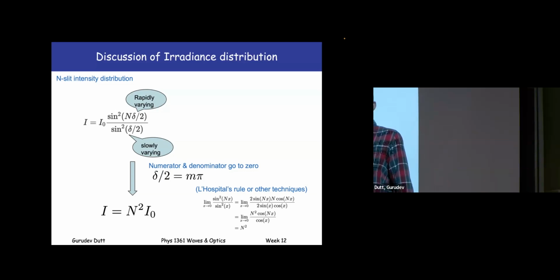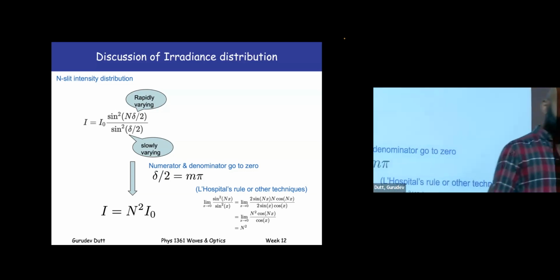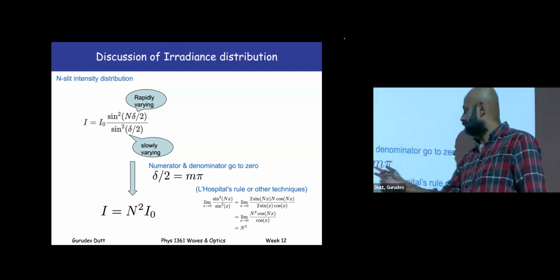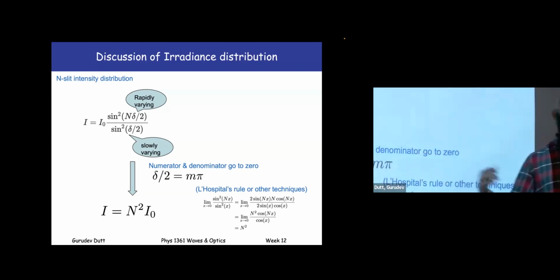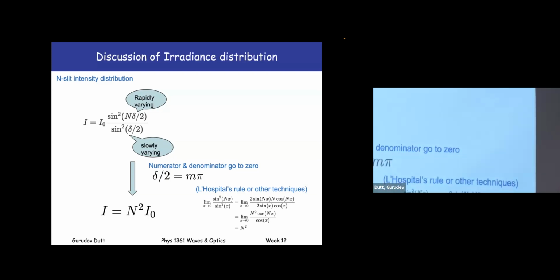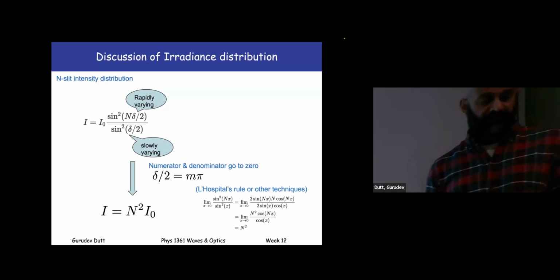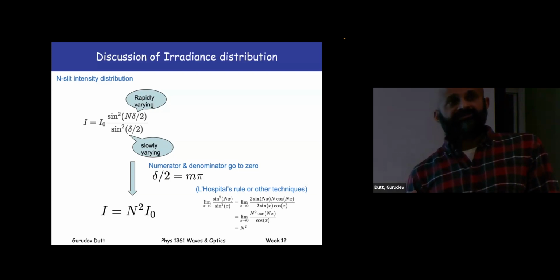This is very important. So for the two slit pattern, we saw that the intensity was 4 times I naught at the maximum. So this is where we're getting maxima here as well. We're getting maxima when delta over 2 equals m pi, or delta equals 2 m pi. Similarly, in the two slit case, when the phase difference was 2 m pi, or d sine theta was m lambda, we got a maxima.